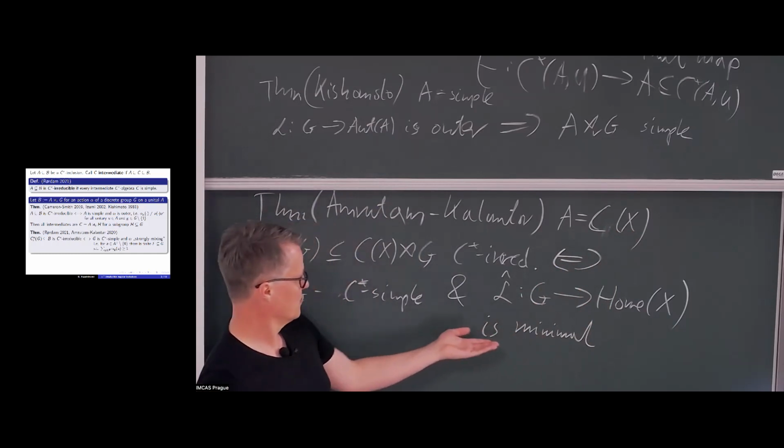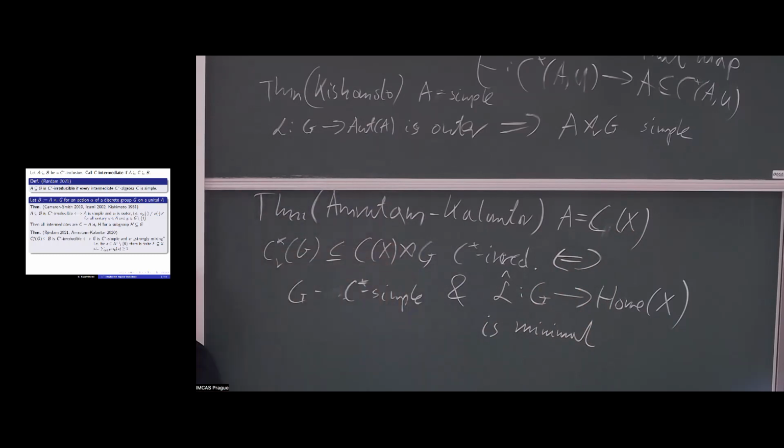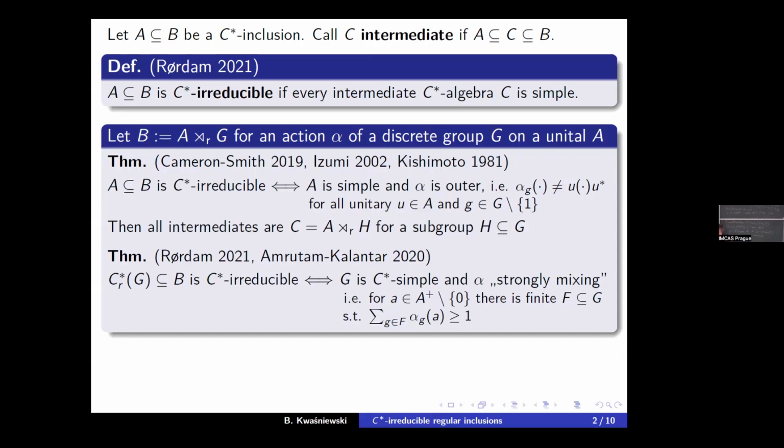So this is the result in a commutative case, and Rodman just noticed that it works in a non-commutative case, but then this minimality should be written like this. Whenever you take a non-zero positive element, then there are a finite number of elements in your group such that when you move this element around, the supports of these guys cover the whole space.